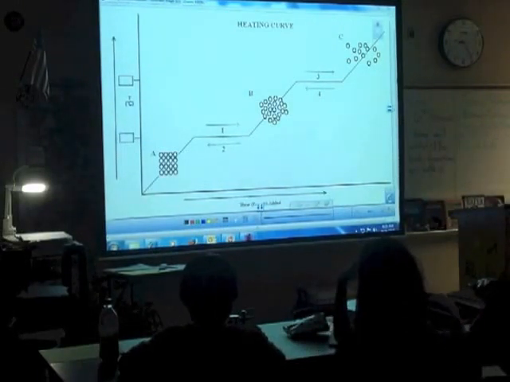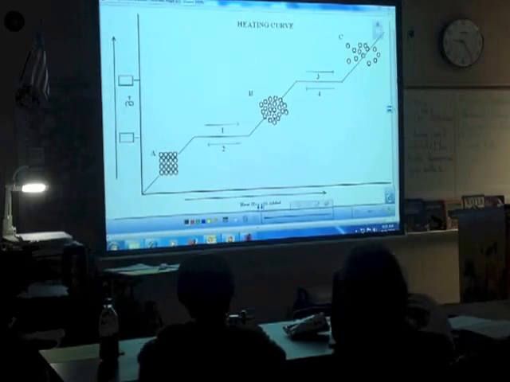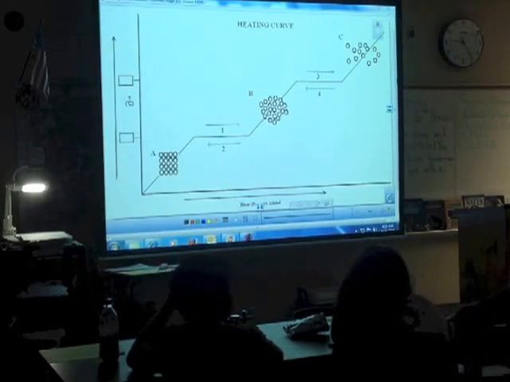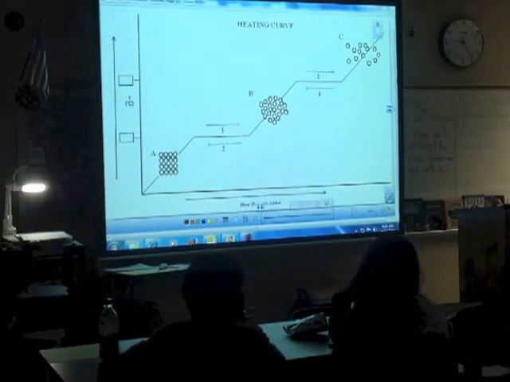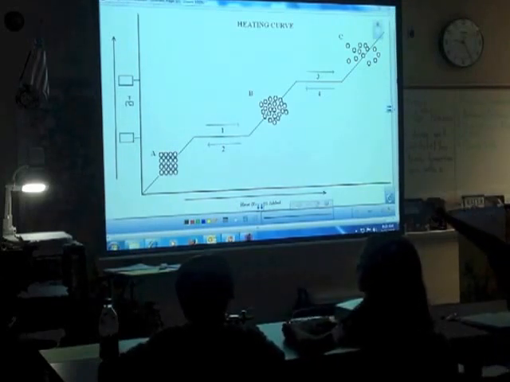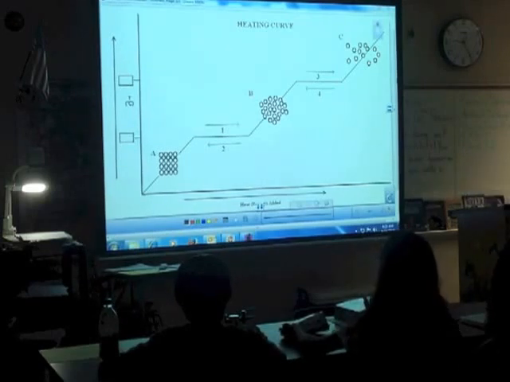As of right now, if you're looking at this graph, does it look exactly the same as your graph from yesterday? No. Can you tell me some differences that you see right away, this one to the other one? Yes? The other one goes up and down, okay?